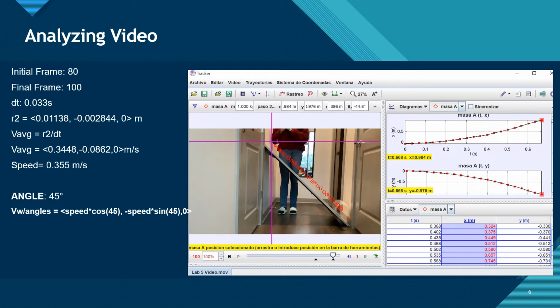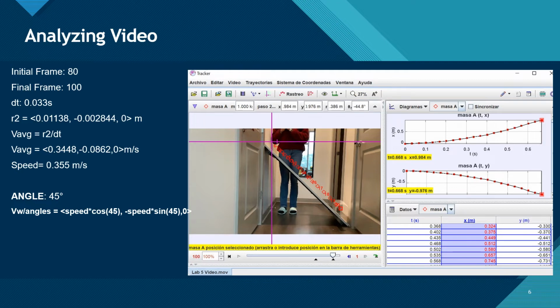The change between each time frame is of 0.033 seconds. In order to get R2, which is our second position, is the difference between our initial position, which we know is 0, and that second position, which we're going to use and divide by the time to get our average velocity.